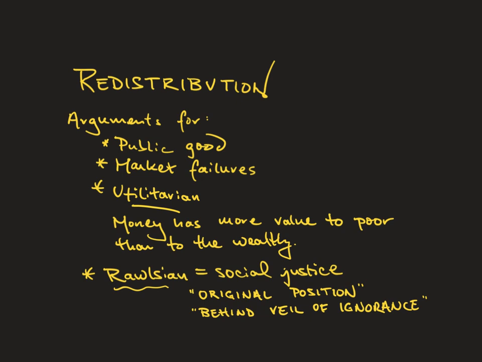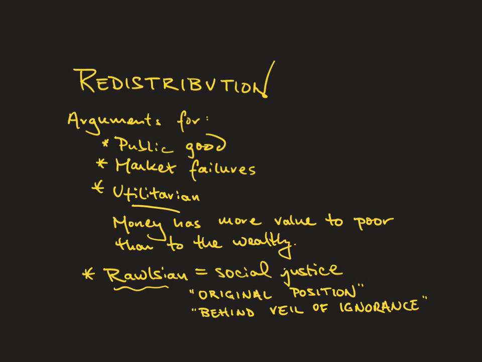So imagine again that you're not yet born. You have a 50-50 chance of being born fantastically wealthy, like Jeff Bezos, or being born the person who grows up dirt poor. Would you want, in that case, to have a law that redistributes money from the wealthy person to the poor person?